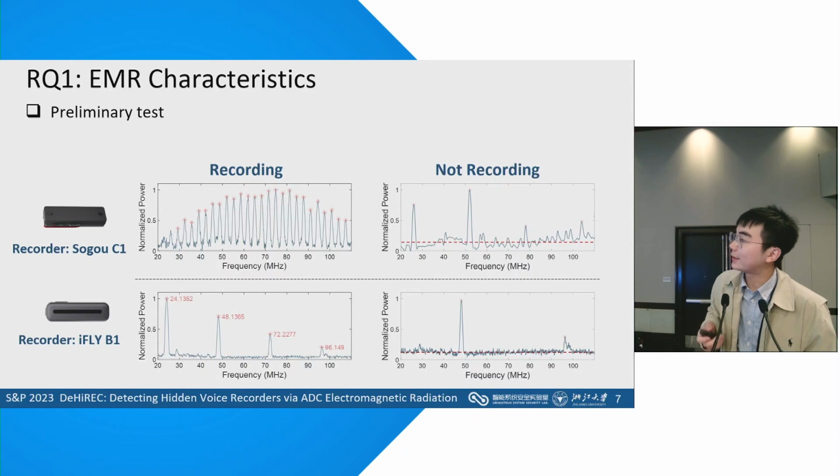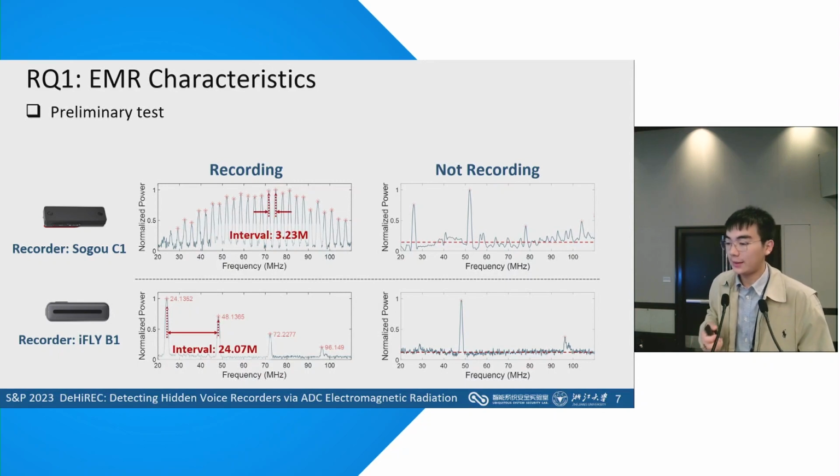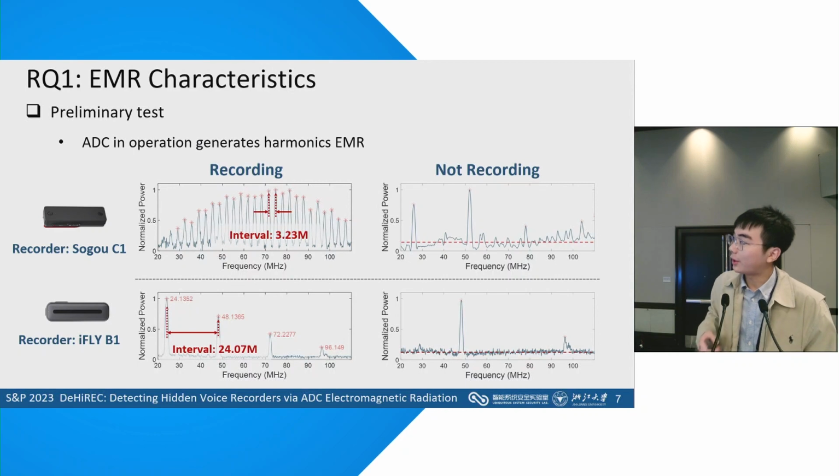First of all, the radiation peaks, as we marked, are distributed at equal intervals in all these spectrums, which is a feature of harmonics. Also, when the recorder is recording, more peaks come up than when it is not recording. Based on this result, we hypothesize that the ADC in operation generates harmonic EM radiation.